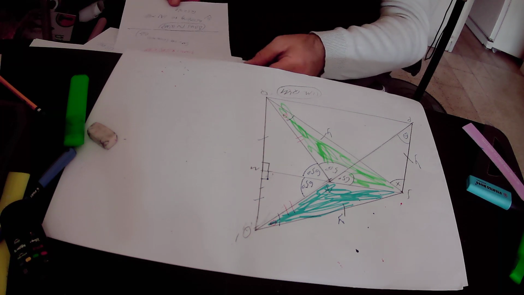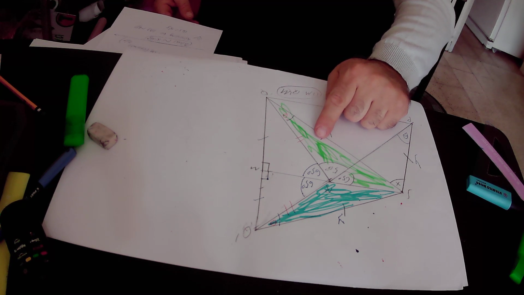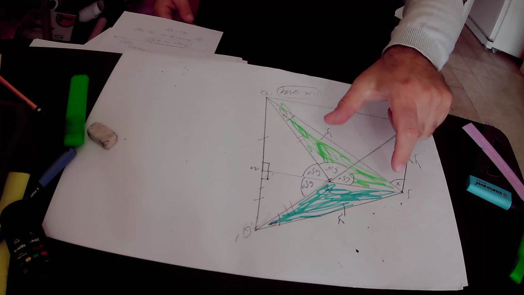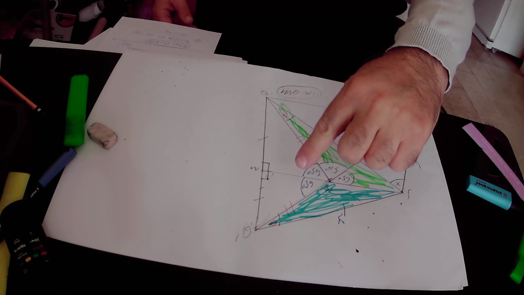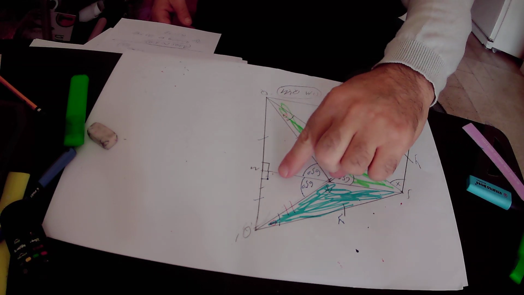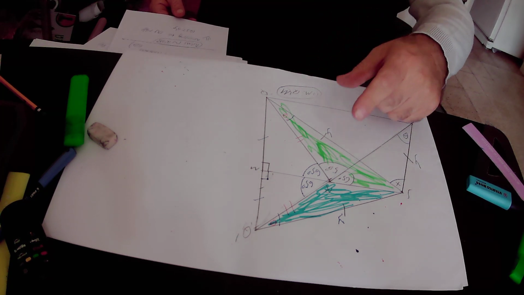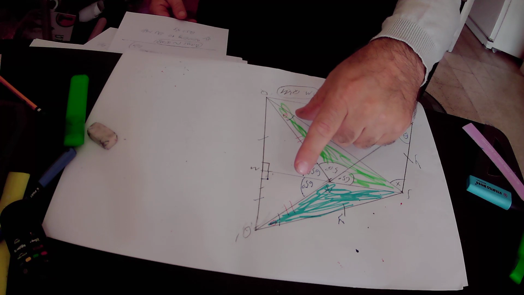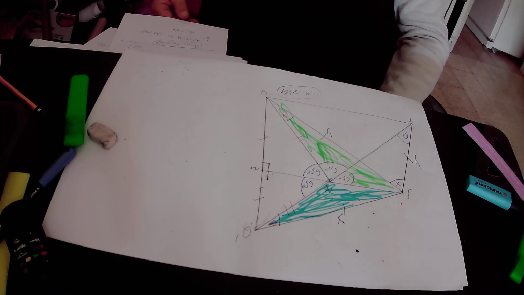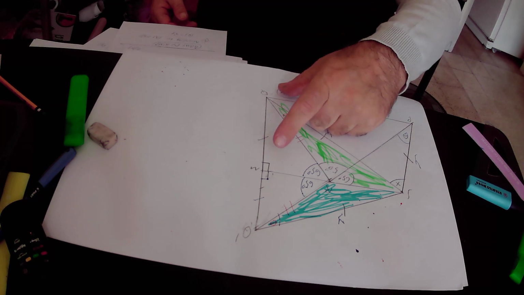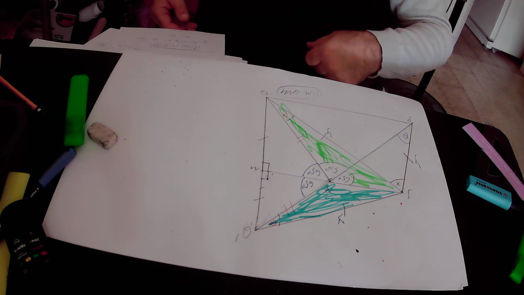Then we focused on the big right triangles, the big triangle QMS and the big right triangle Q dash MS. So we proved that those two big right triangles can go into each other. First of all, we know that QM equals Q dash M according to our construction.